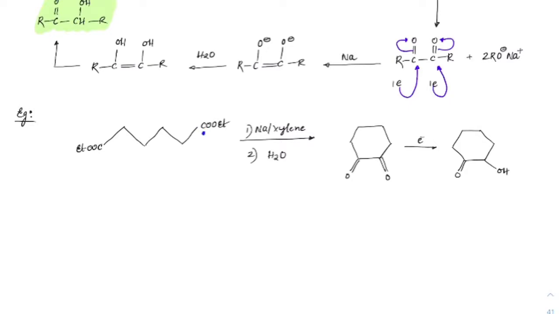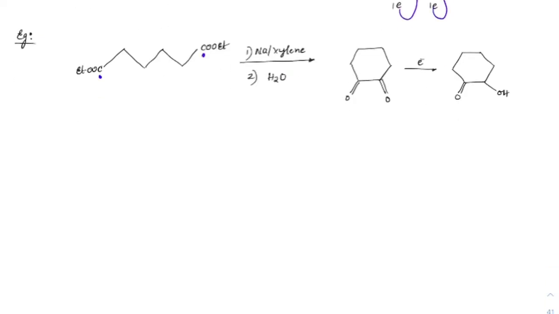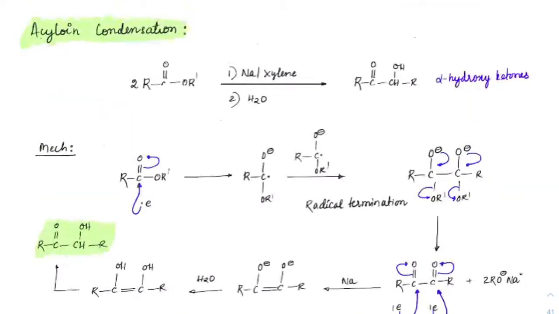Imagine we'll get a dot here, so that will get terminated. So 1, 2, 3, 4, 5, 6, a 6-membered ring. It will form a 6-membered ring here with C double bond O alpha diketones. Again, if you keep on adding electrons, we'll get alpha hydroxy ketones. So this is how the reaction proceeds. We call it acyloin condensation.